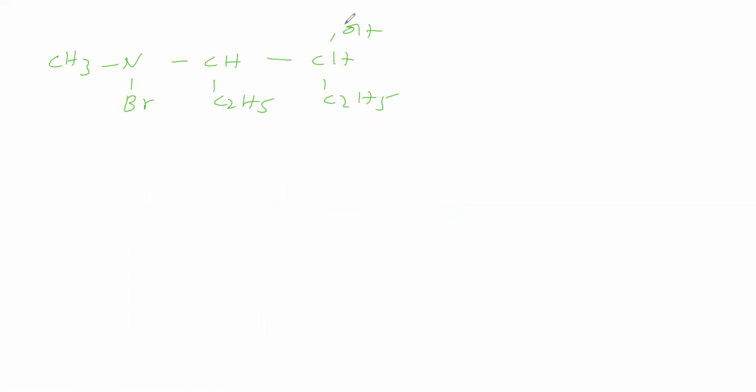Now for this compound, how to say the name? What are the functional groups present? One is the alcoholic functional group, another is a tertiary amine. The alcoholic functional group is the main functional group. Therefore, what is the parent chain in this case? This is the parent chain. So how to give the numbering, that we'll see.